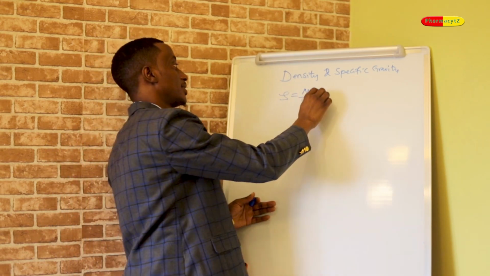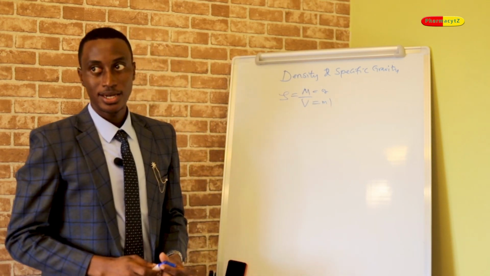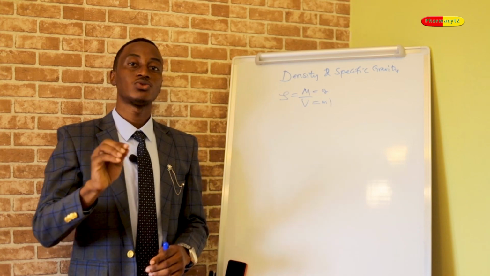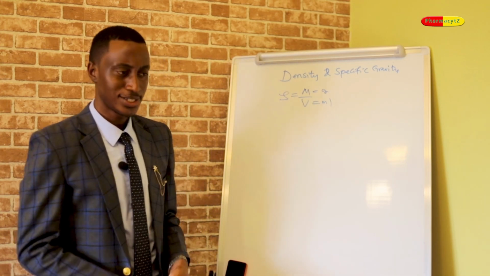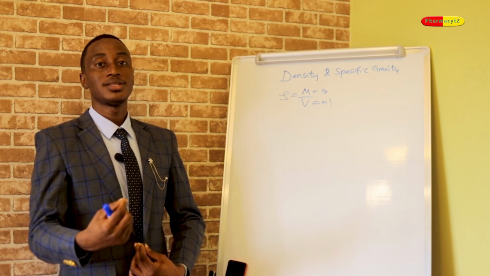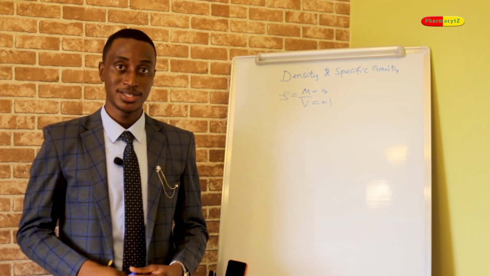So mass in terms of grams and volume in terms of mils. And under normal circumstances, density will be equivalent to specific gravity. An instrument which we use to measure the specific gravity of different chemicals and compounds is the glass plummet.